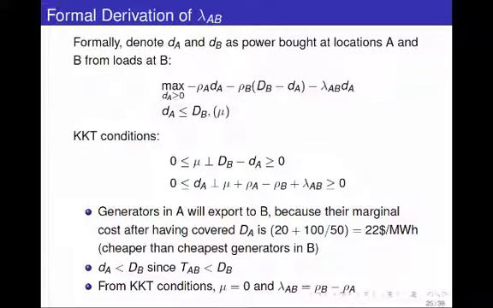How much am I going to bring from outside? It's exactly little dA. So no need to introduce a new transmission variable. In more complicated models with loops, you need to, but not here. And this is just saying that I don't need to buy more than my total demand. There is no benefit in this problem because demand is inelastic. So you just need to meet capital D subscript B.